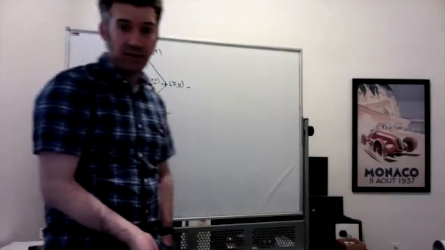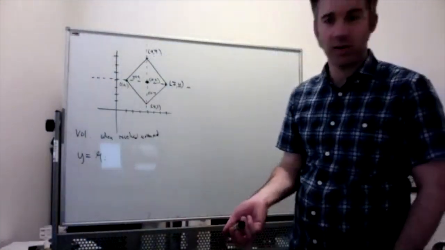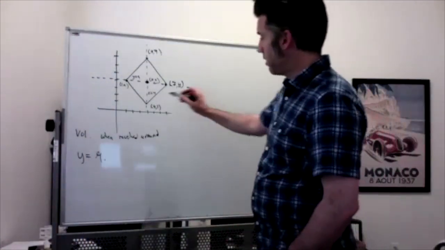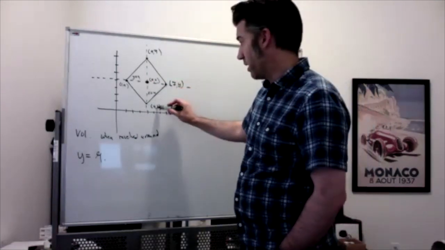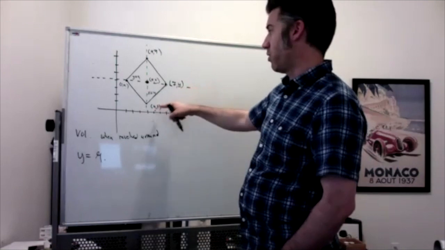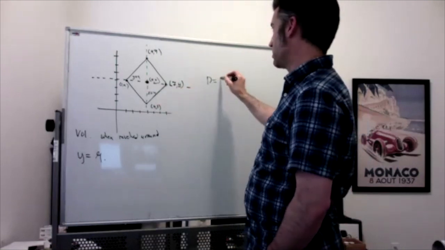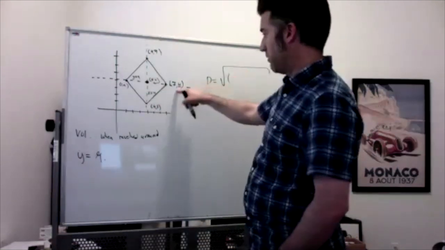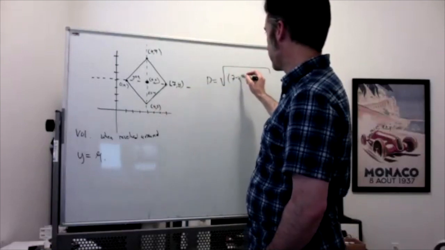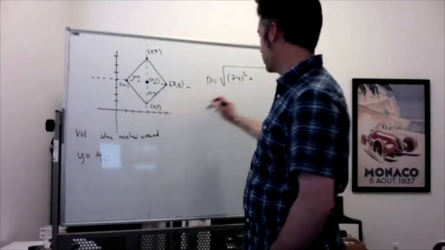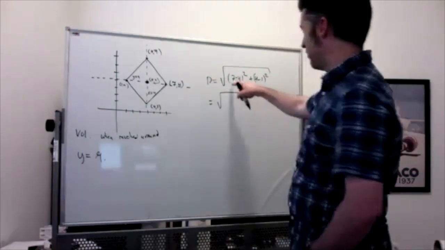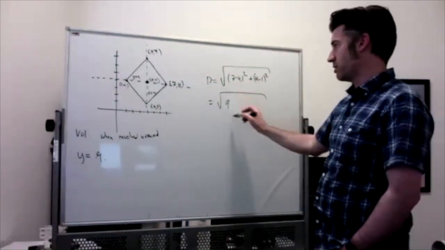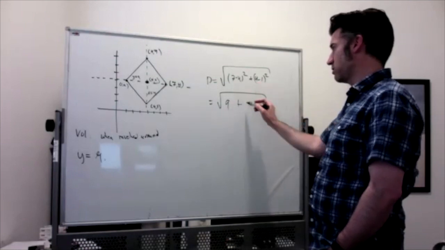Great. What's the area of the square? That's a slightly harder question to answer. We need to find the length of a side, so I'm just going to use the distance formula. The distance from 4, 1 to 7, 4 is the square root of 7 minus 4 squared plus 4 minus 1 squared, which is the square root of 9 plus 9, since 7 minus 4 is 3, squared is 9, and 4 minus 1 is 3, squared is 9.